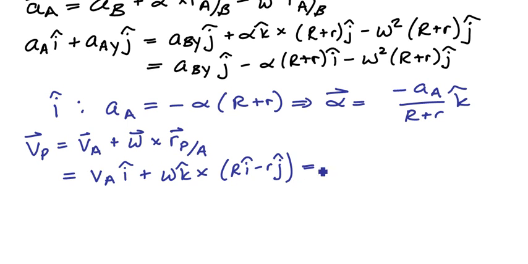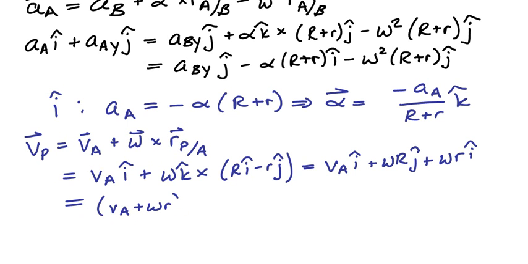If I go ahead and expand this out, this is equal to VA in the I direction. K cross I is going to give me a j, so I'll have plus omega times big R in the j. K cross j gives me minus I, so I'll have plus omega times little r in the I. So if I group this together here, the velocity of point P is equal to VA plus omega r in the I direction plus omega times big R in the j direction, where omega, of course, is the value that we've already determined up above.